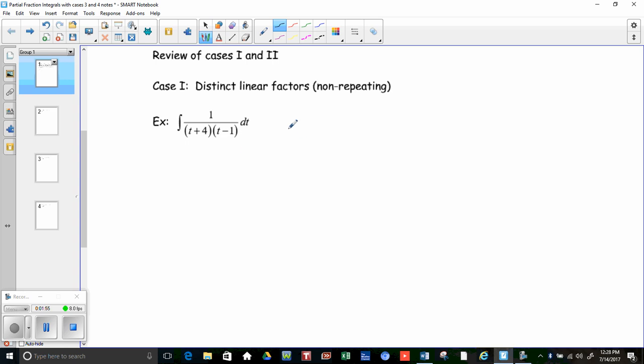And the idea is that we need to break this up into a partial fraction decomposition. So it'll be A over t plus 4 plus B over t minus 1.